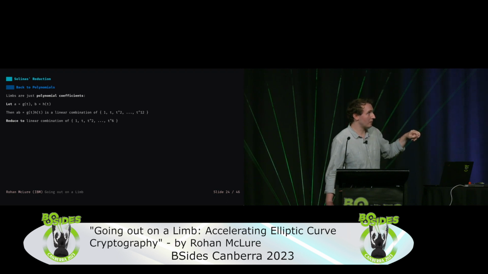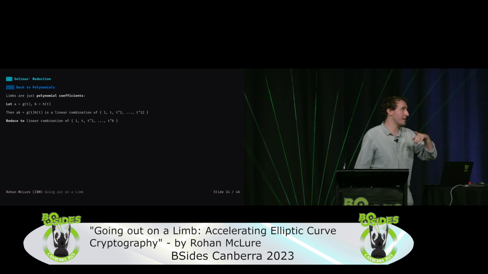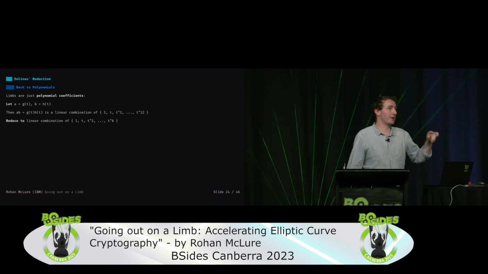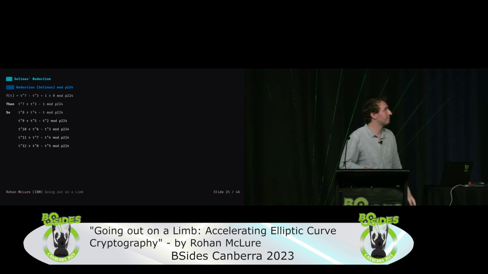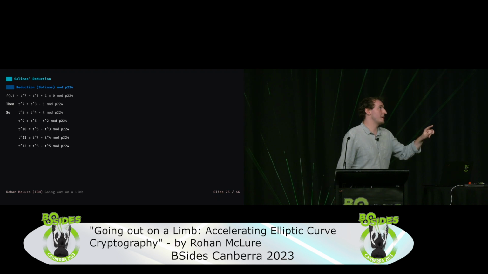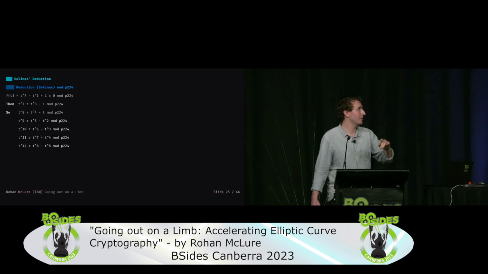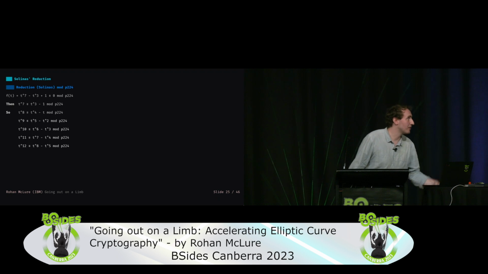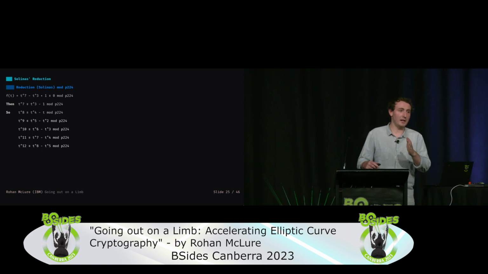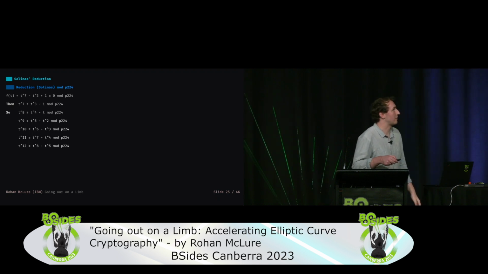Each of them was in terms of 1 through t6, and now their product is in terms of 1 through t12. And so we take the reduction rule from earlier. t to the 7 can be expressed in terms of smaller powers, and we do the same up to t12. And we can now reduce all the high limbs using some slick maths.